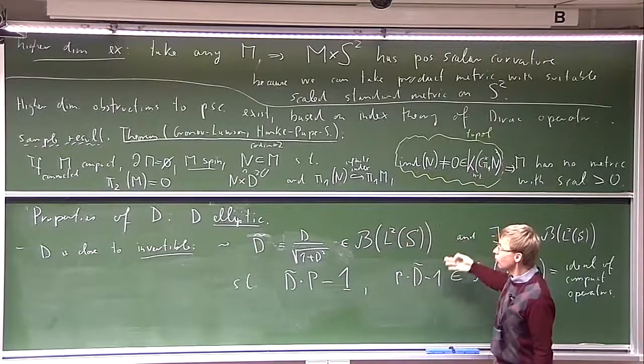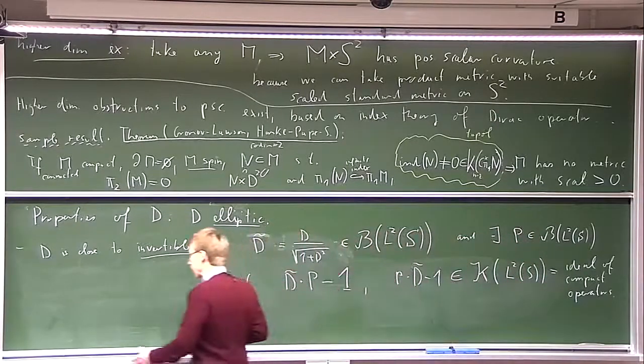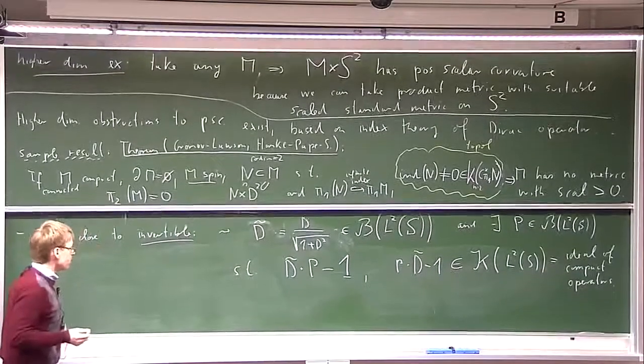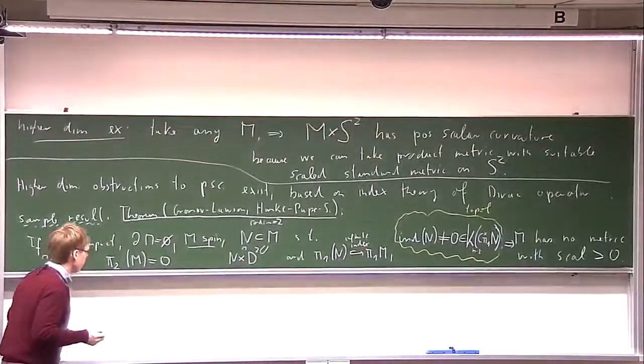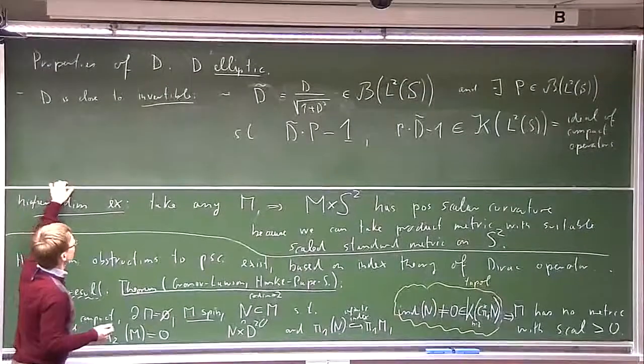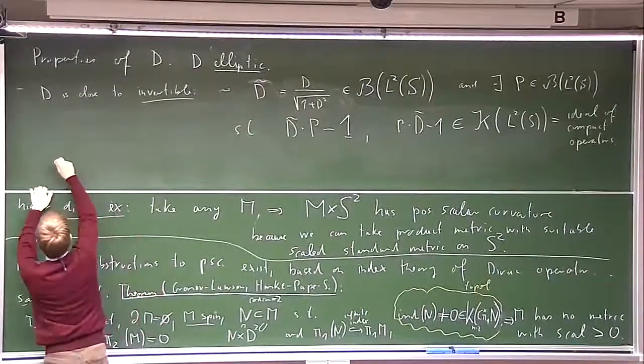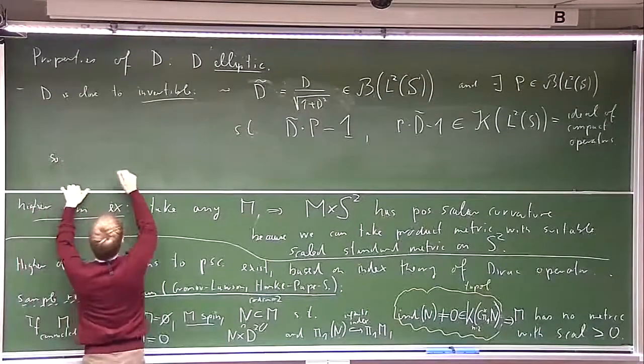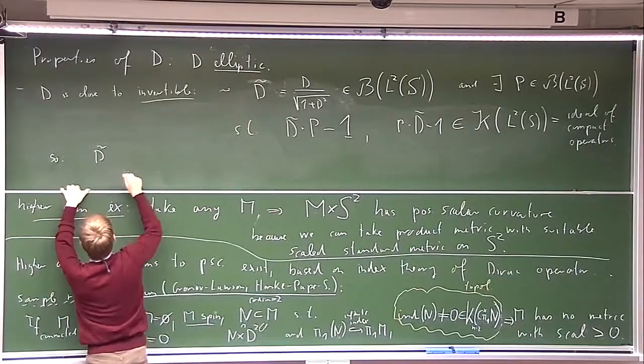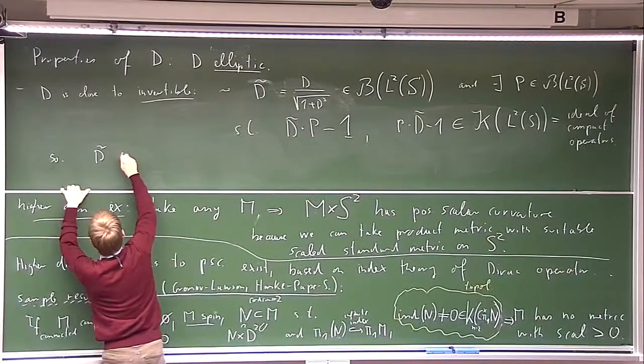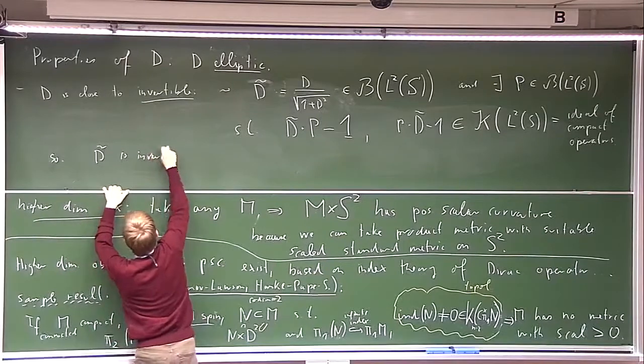Gives you this almost invertibility. And now let me set this up in this way. I like to set it up: D tilde is invertible.